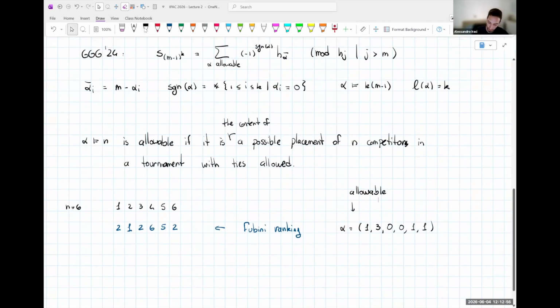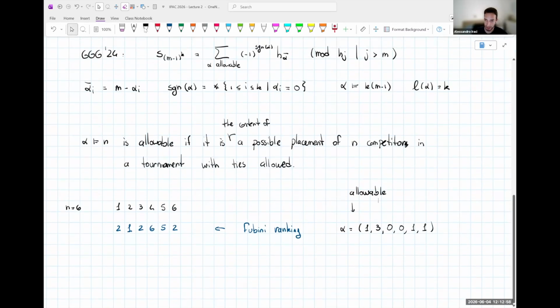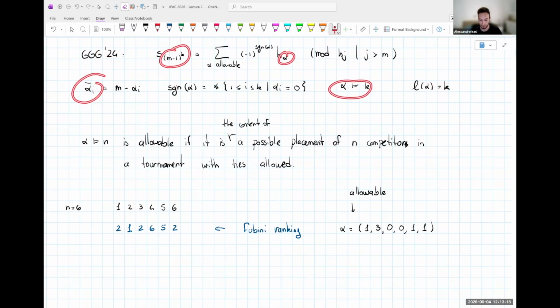Then to get to alpha bar, sorry, this is wrong here. Alpha is a composition of k here, so that alpha bar is a composition of k times n minus 1 because the degree has to match.